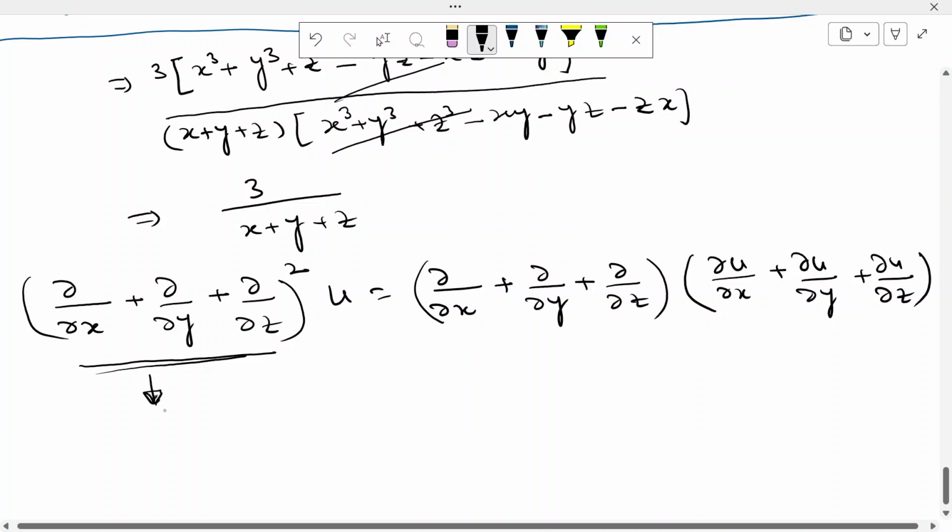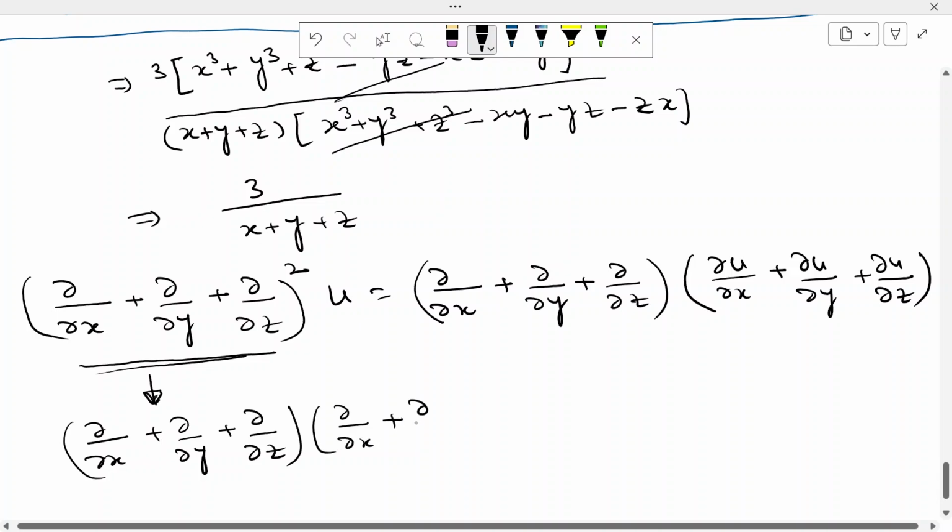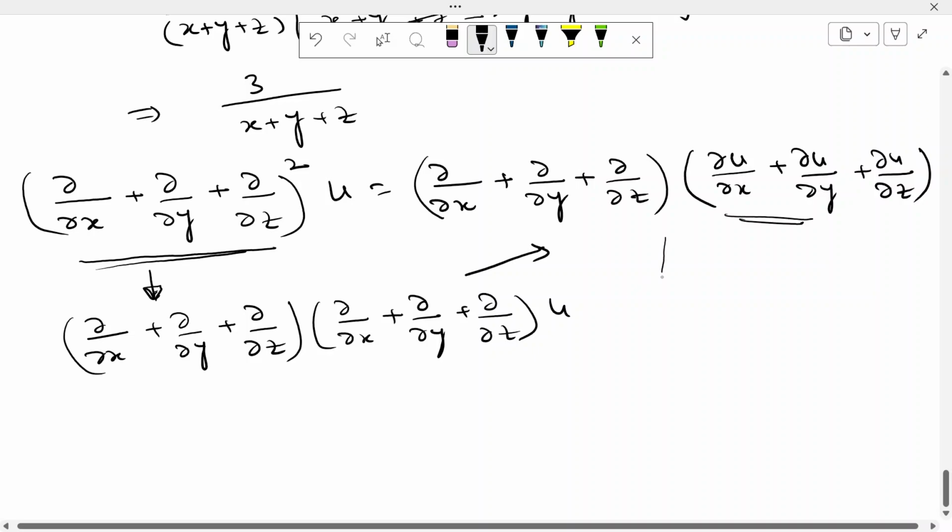This simply means that you need to apply this 2 times, like this, on u. So we have already calculated this part.